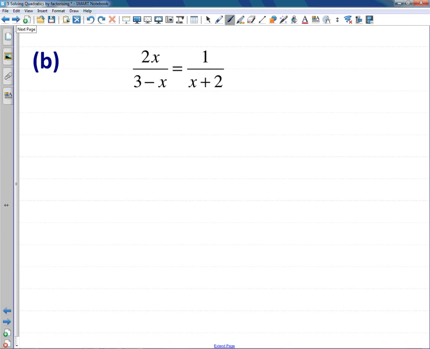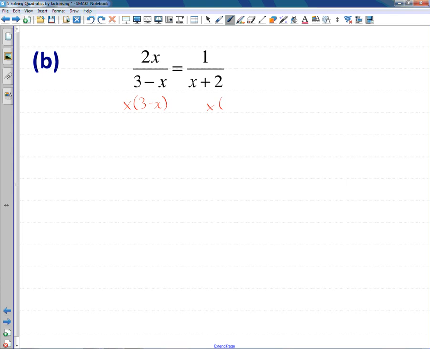Next, it's not obvious that we have a quadratic here at all. We've got horrible fractions, and that's the first thing that we need to deal with. I really don't like the fact that we have a 3 minus x here and an x plus 2 here. So what we need to do is remove that. To remove the 3 minus x, one would need to multiply both sides by the 3 minus x.